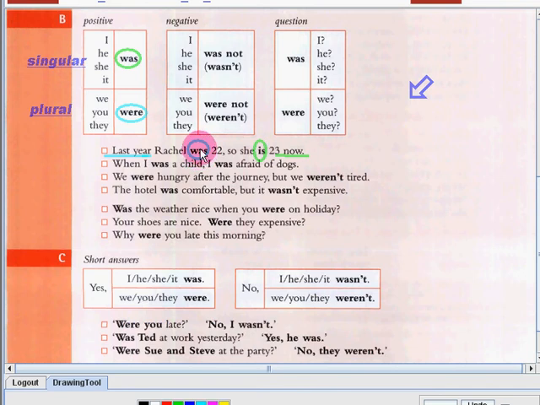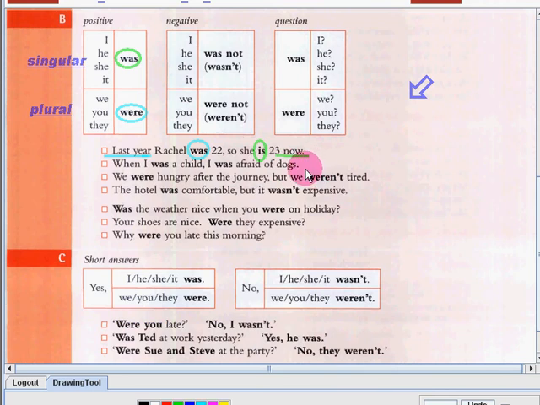Because Rachel was 22 last year, so it's already in the past tense. That's why we used was. But on the other clause, we're talking about her age now. She is 23 now, so we will use the verb is.